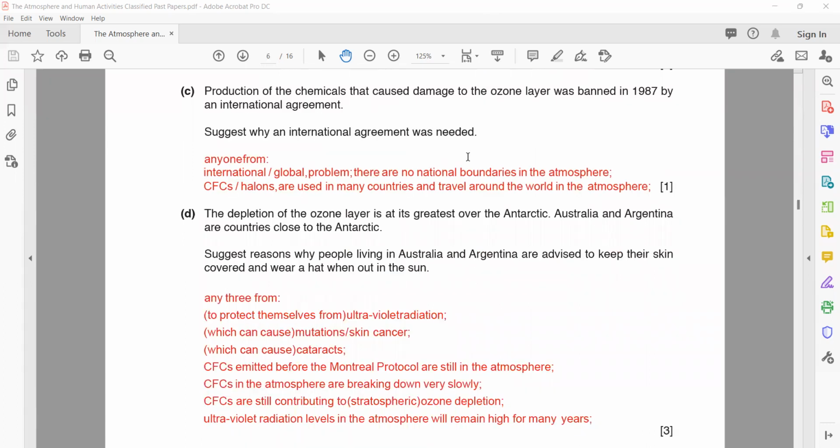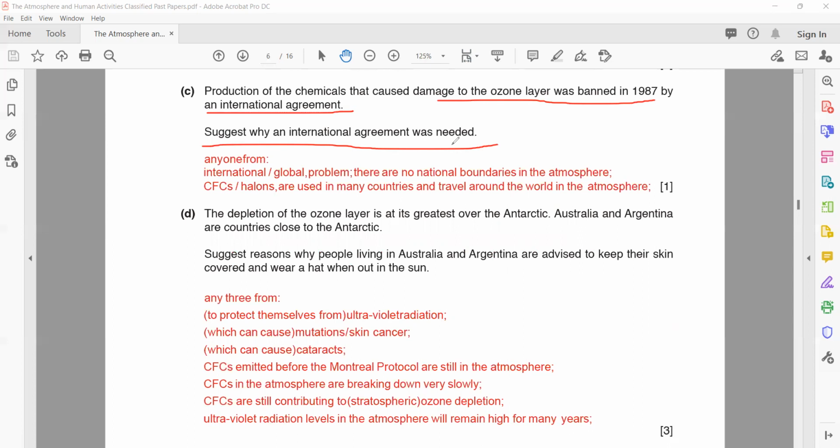Next, production of the chemical that caused damage to the ozone layer was banned in 1987 by an international agreement. Suggest why an international agreement is needed. Of course, because the atmosphere is not limited to one country. It's not like land where one country has its own border. It is above the land.